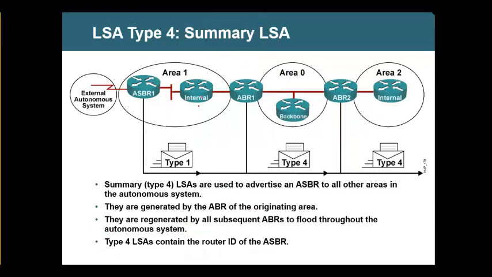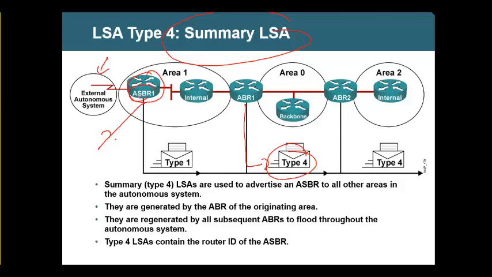Type 4 is also called the autonomous system summary LSA because this also originates from where? The ABR only. Yep. So those external routes are coming and redistributed in this router.